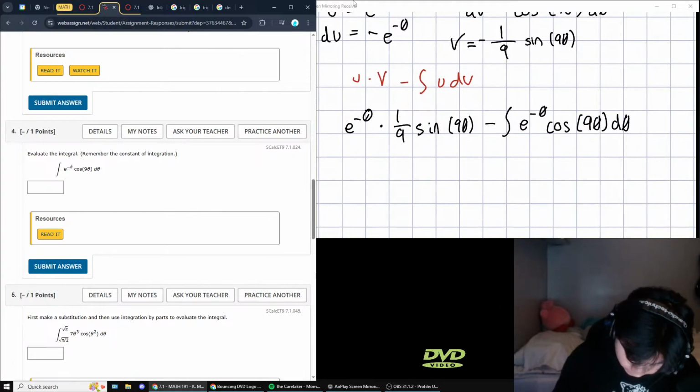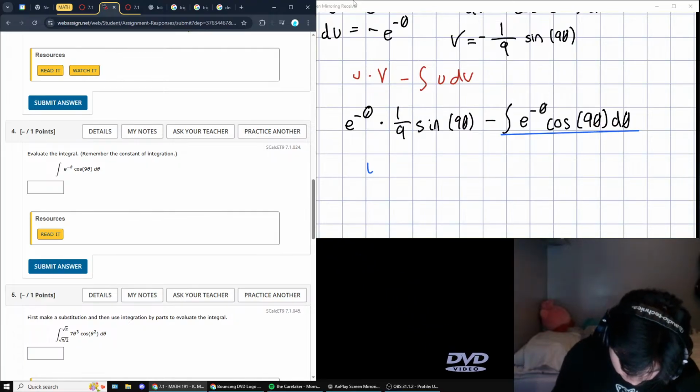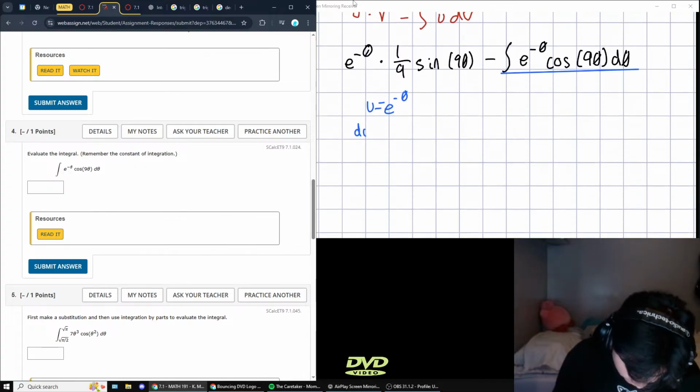And then I'll do another integration by parts. So then let u be e negative theta and du is equal to negative e negative theta.